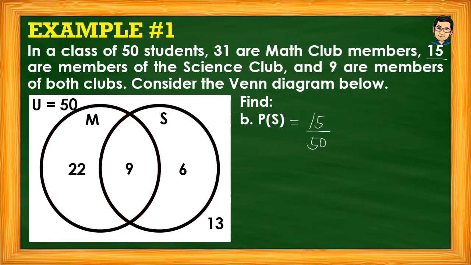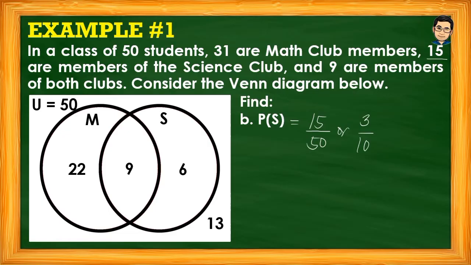So, we can simplify 15 and 50. It's because ang greatest common factor nila is 5. So, 15 divided by 5, that is 3. And then, 50 divided by 5, that is 10. So, 15 over 50 or 3 over 10.